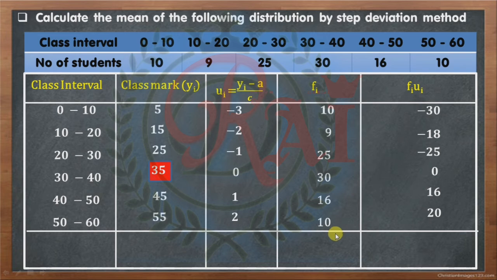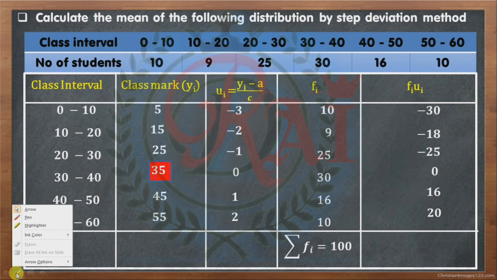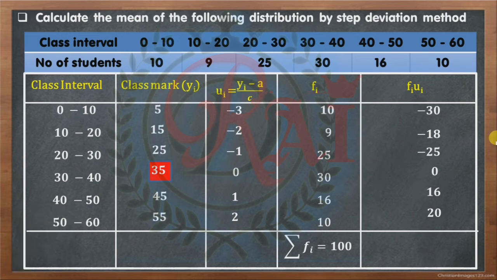I need the summation of fi. When I add these, all the frequencies equal 100. And here, 8 plus 5 is 13, 3 plus 1 is 4, 5, 6, 7. So it's minus 73.